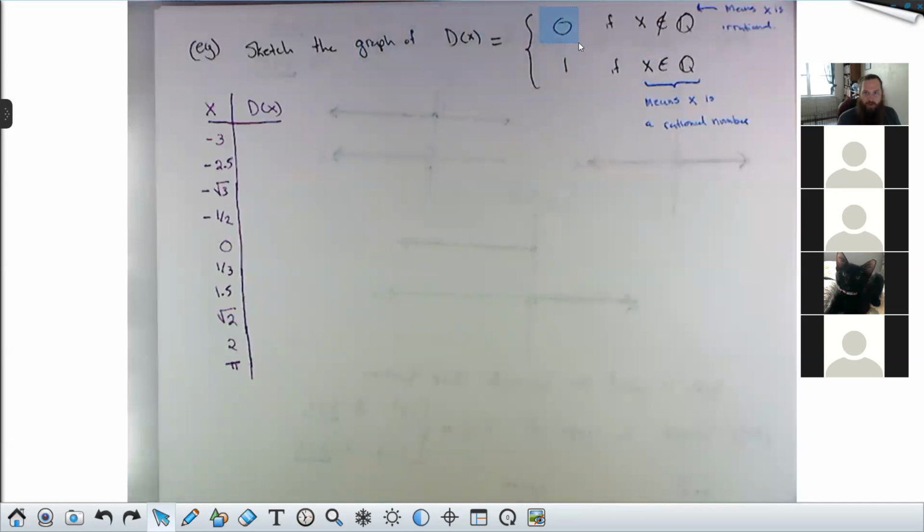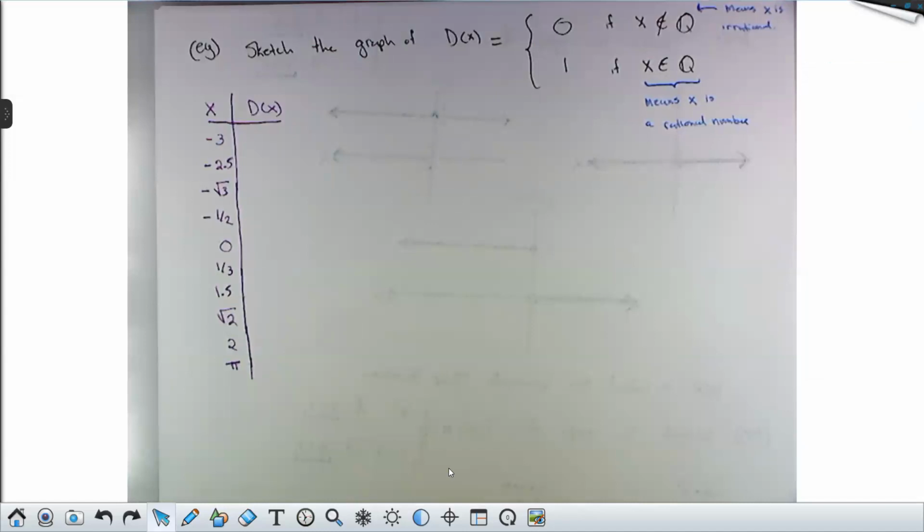Either 0 if the input is irrational, or 1 if the input is rational. -3 is a rational number, right? Remember what we said on our very first day of class. The integers are contained within the rational numbers. Every integer is a rational. -3 is the same as -3 over 1. That's a fraction made up of whole numbers. So -3 is a rational number, which means d of -3 has got to be 1.